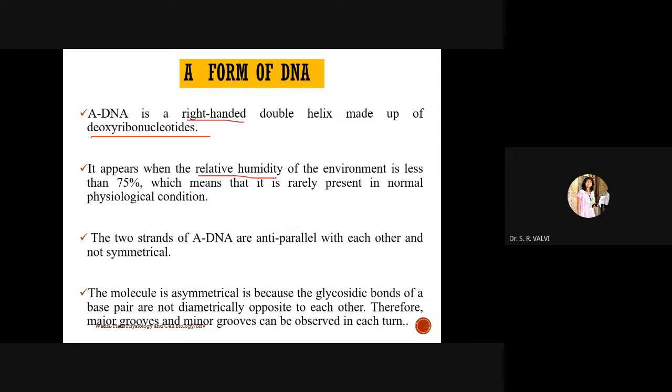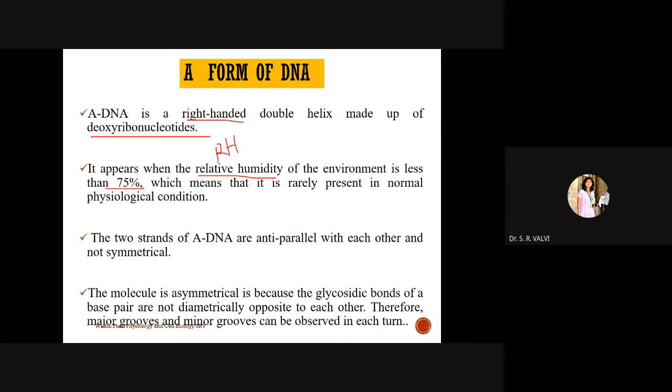And it appears when the relative humidity, that is the moisture content present within the environment, is low. If RH is less than 75%, then the A form of DNA will be there.